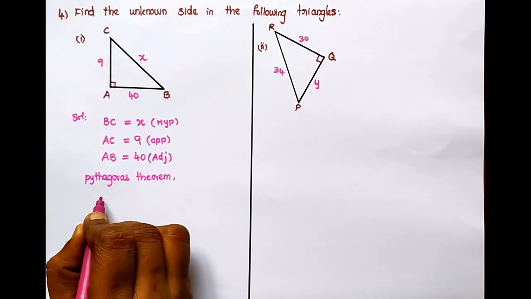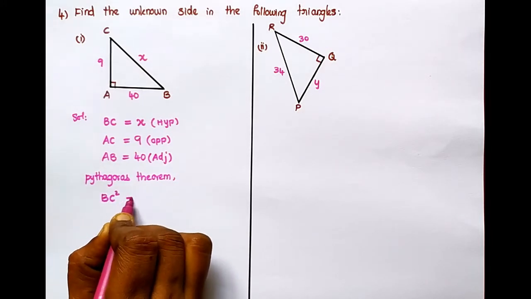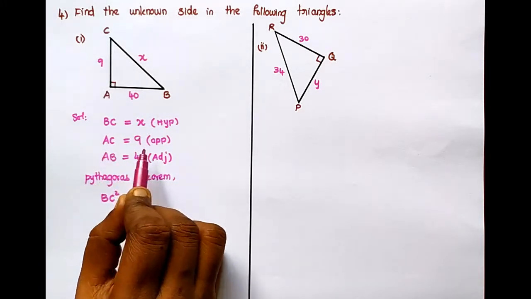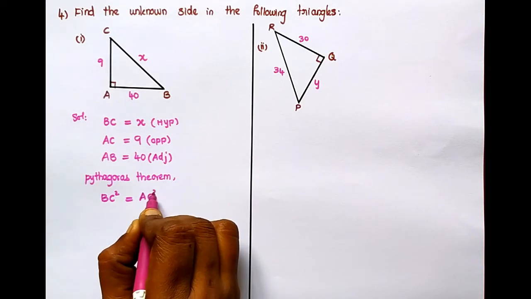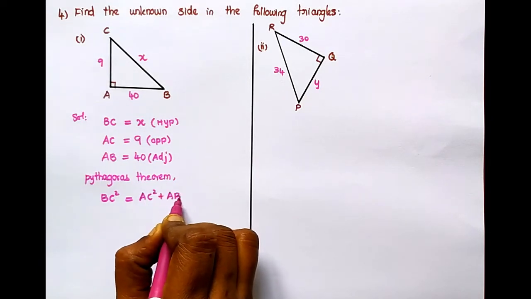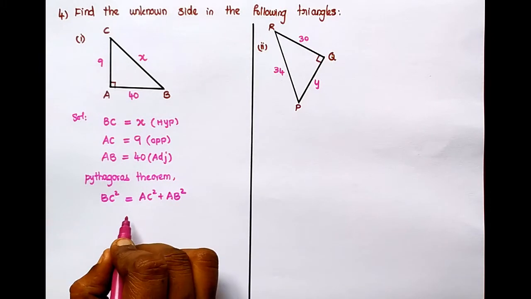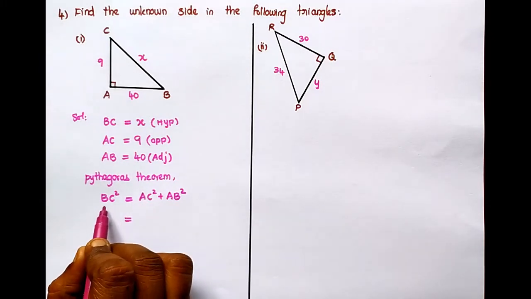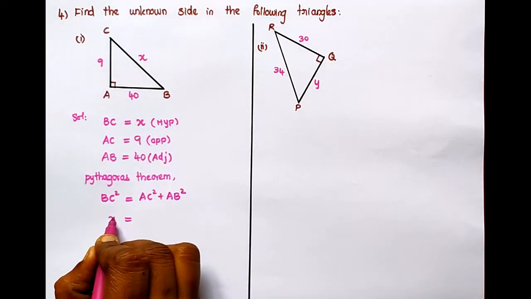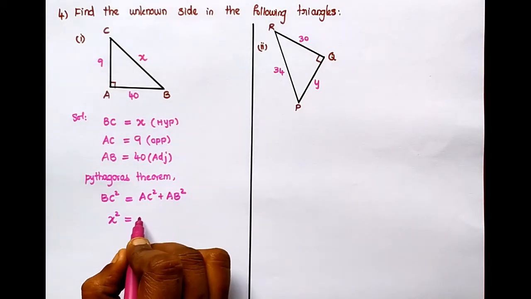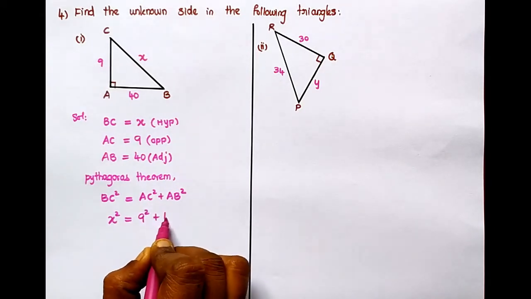Hypotenuse squared, that is BC squared, equals AC squared plus AB squared. That is the Pythagoras theorem. BC is x, so x squared equals 9 squared plus 40 squared.